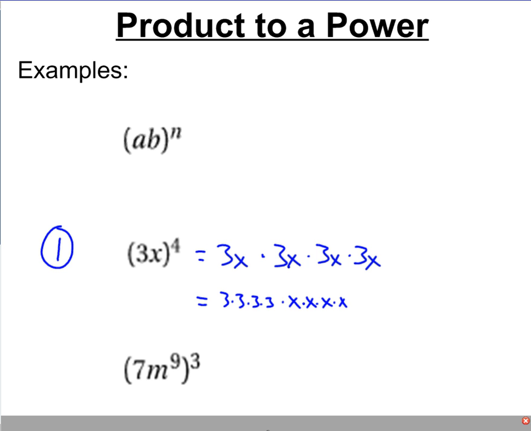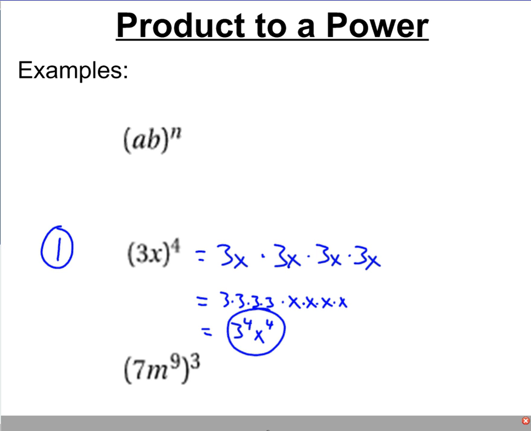Because we can rewrite things, we can move things around if it's all multiplication. That's the commutative property. Things can commute. And if we rewrite this now, that's 4 of them, so 3 to the 4th power times x to the 4th power.